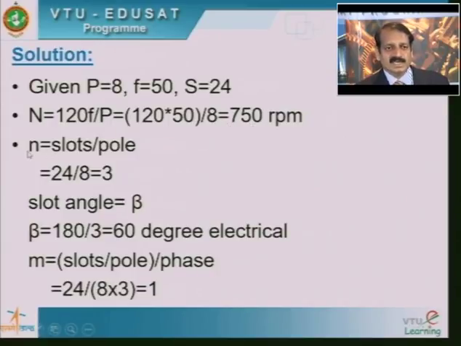Now, let us calculate the number of slots per pole: slots are 24, poles are 8, so slots per pole is equal to 3.